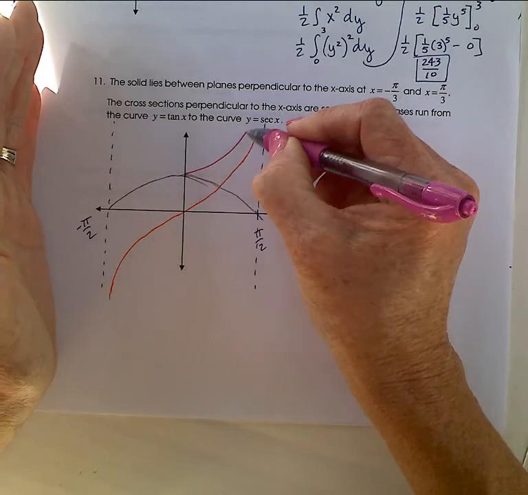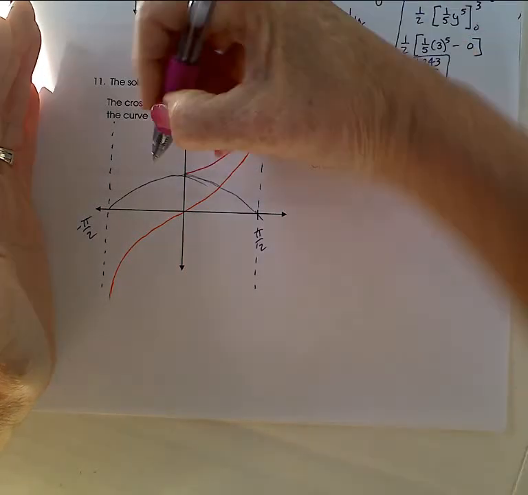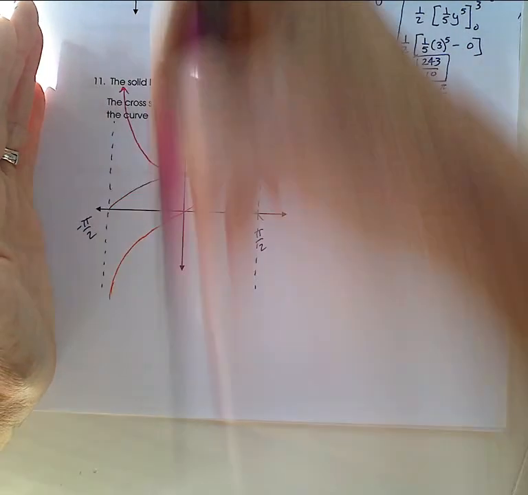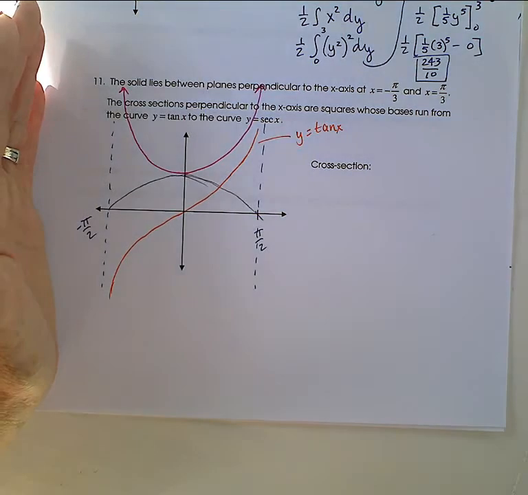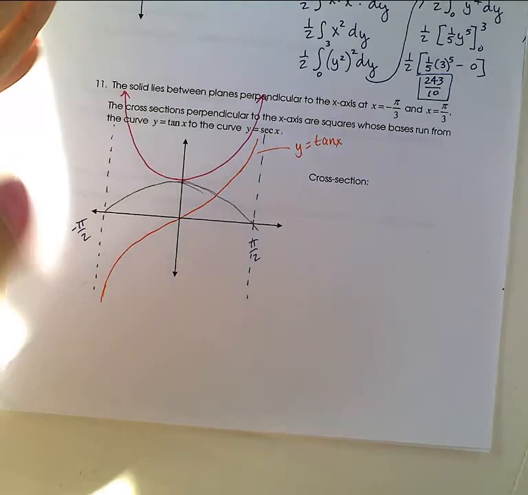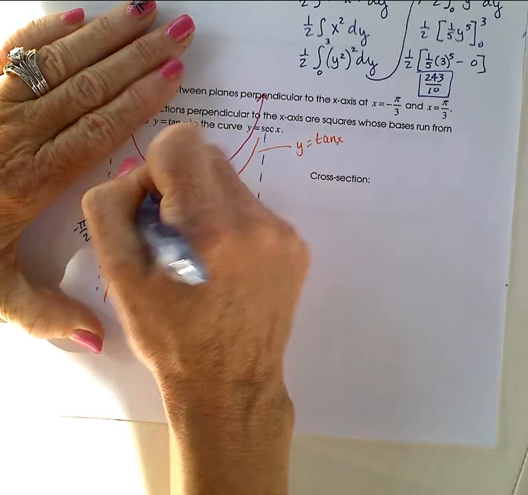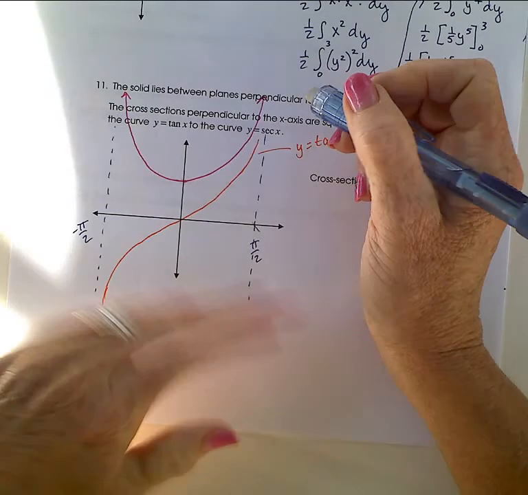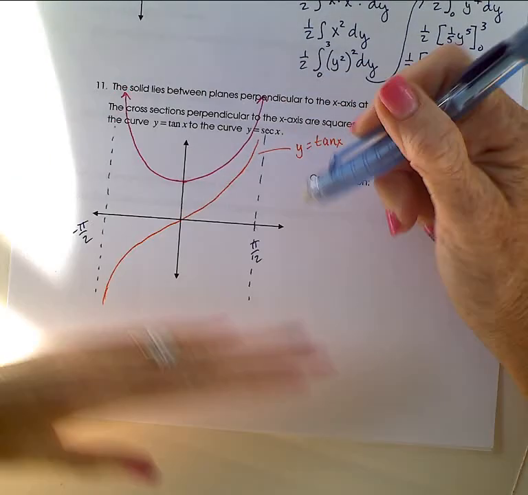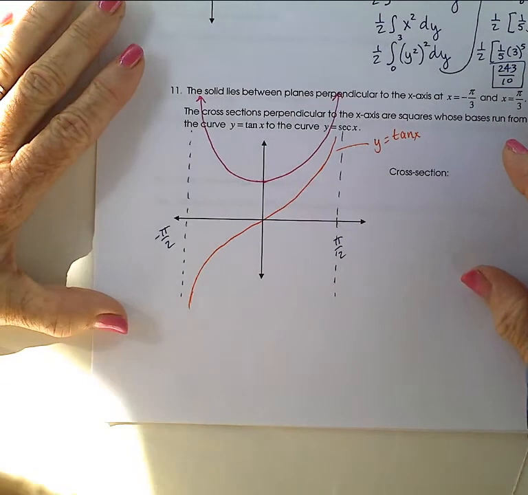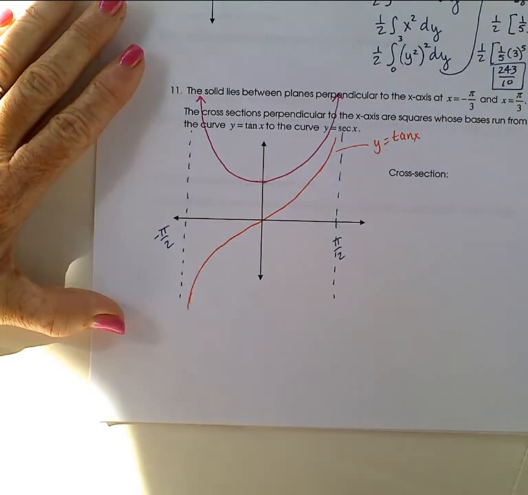Secant's going up like that, and up like that. Let me go back and erase my cosine because it's getting crowded in here. Alright, well, right now we do not have a closed area. So we need to go back and look again.